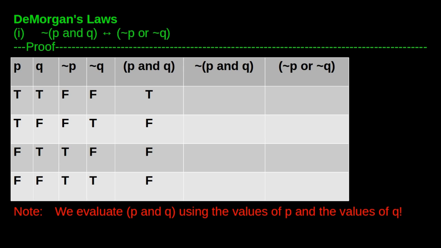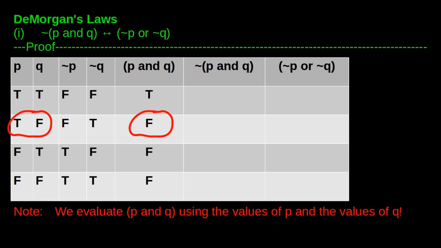But we want to note that we evaluate P and Q using the values of P and the values of Q. In the second row, that combination has P being true and Q being true, and so since they're both true, P and Q, by definition, is true.